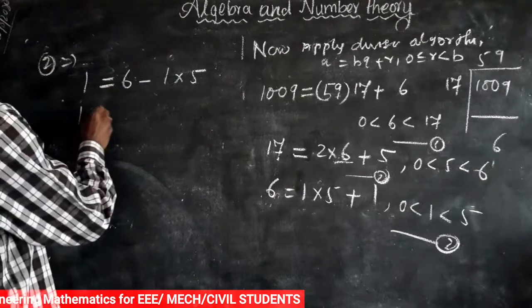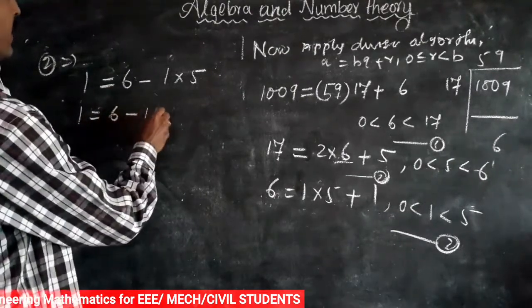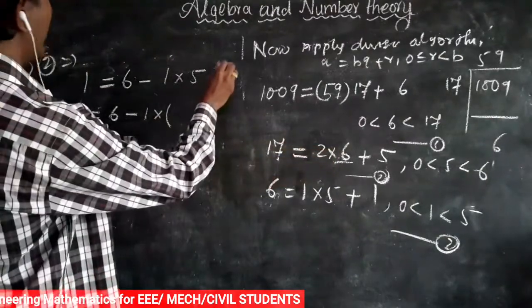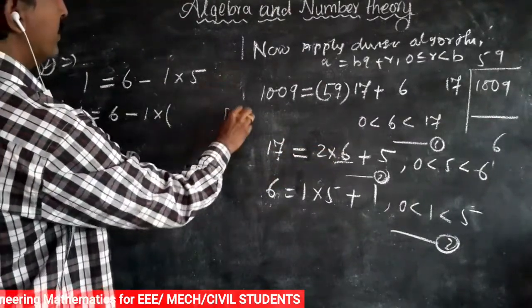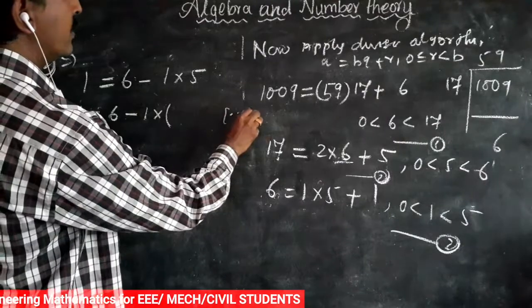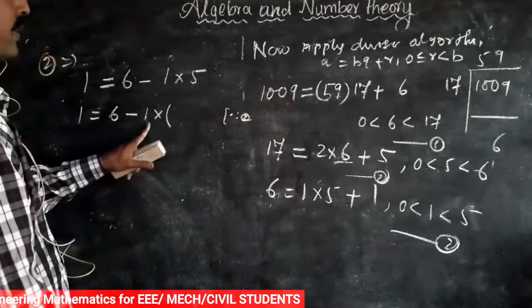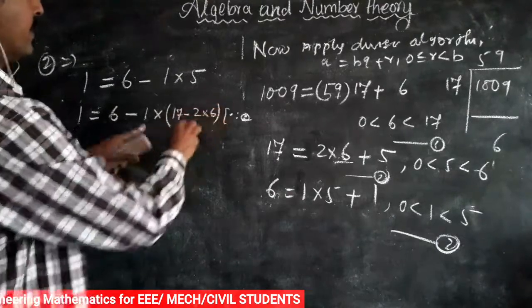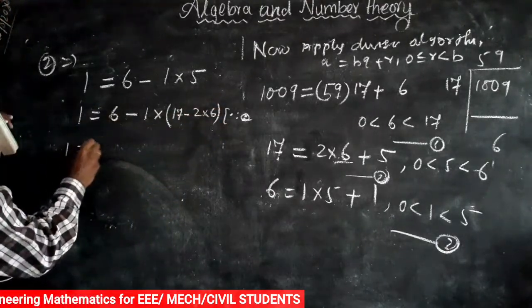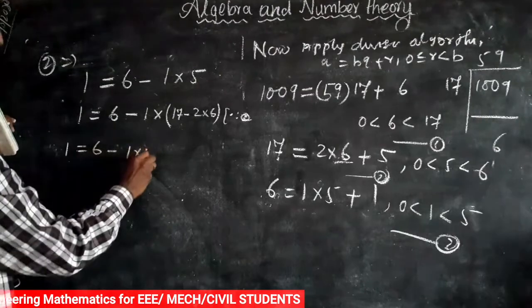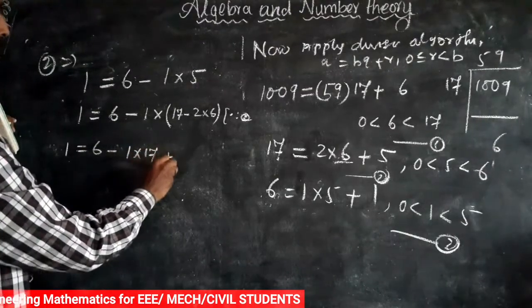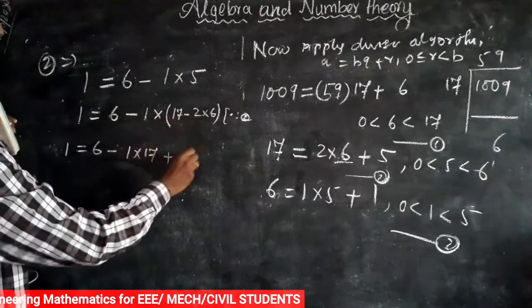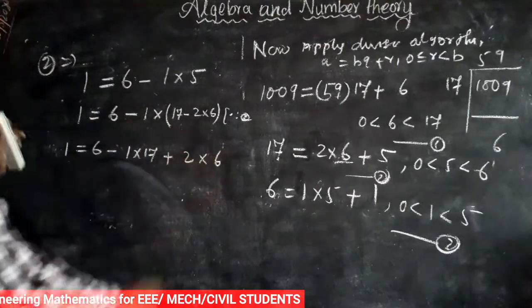Using 2, 5 equals 17 minus 2 into 6, so 1 is equal to 6 minus 1 into 17 plus 2 into 6.